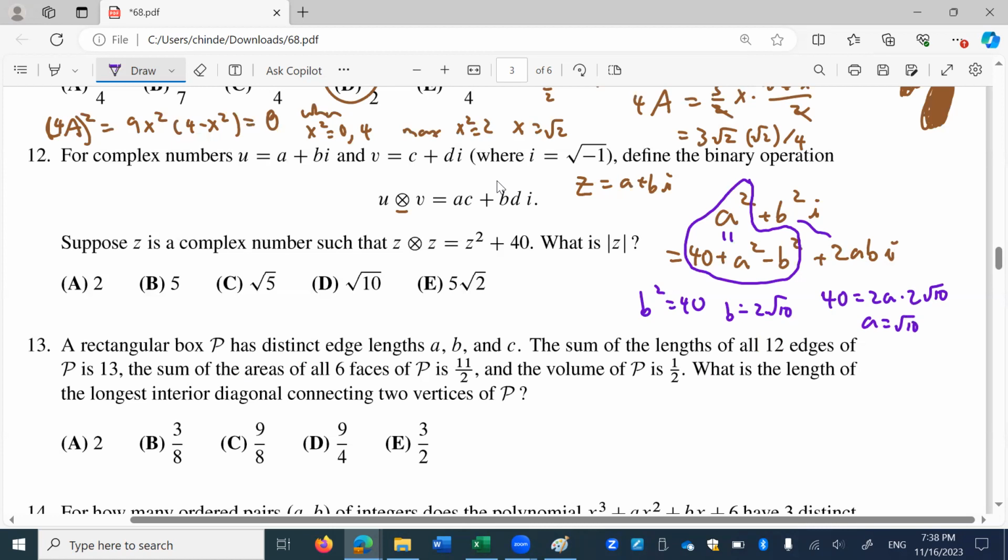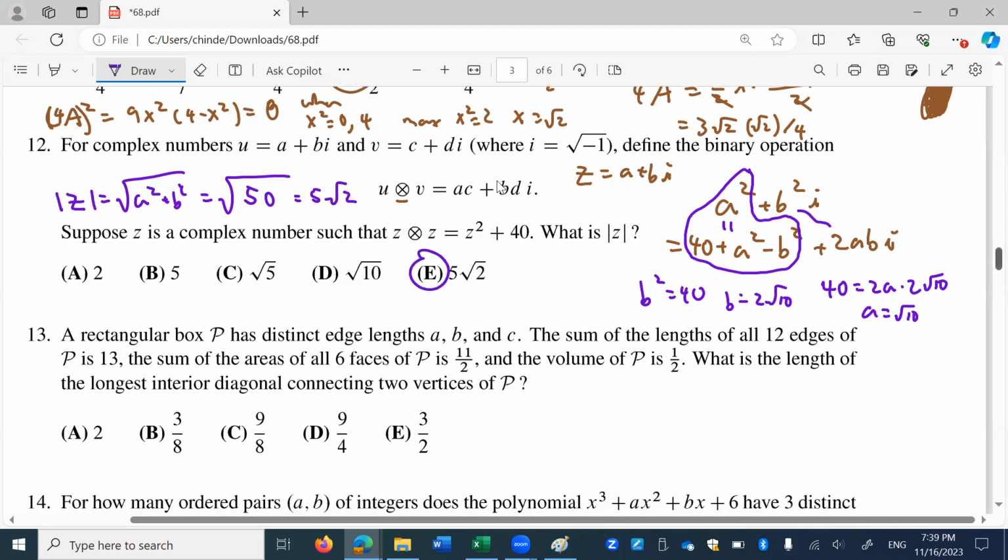And so the size of z should equal the square root of a squared plus b squared, which is going to be the square root of, so b squared is 4 times 10, so 40, and a squared is 10, so square root of 50. Knock out the 25 here, so 5 root 2.